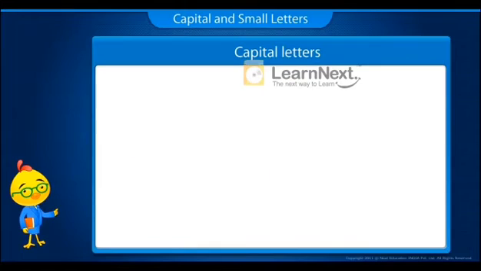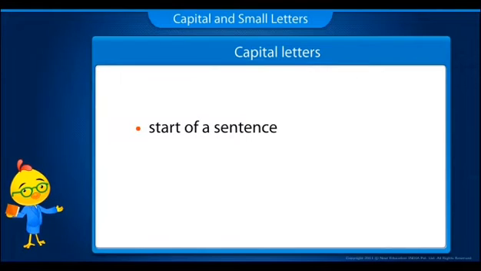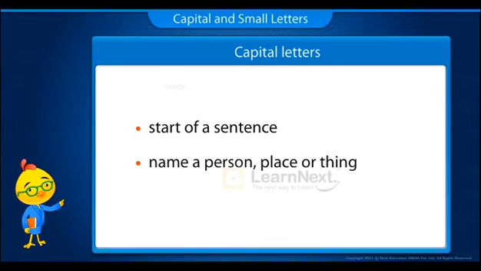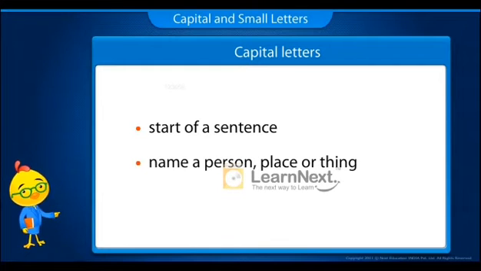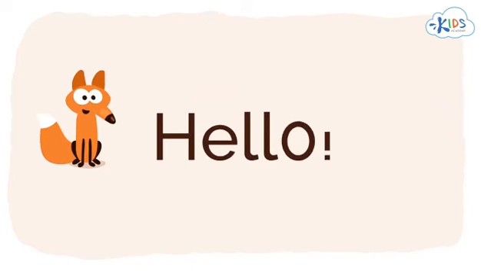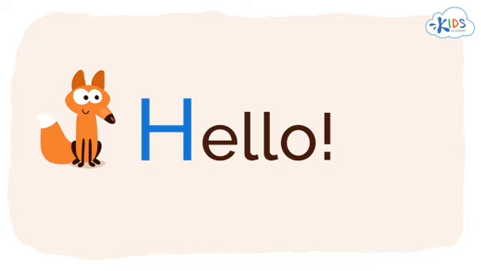M and P are the capital letters over there. So we saw that other than those capital letters, the rest of the letters are small. We use capital letters in the starting of a sentence, and the name of a person, place, or thing, as we saw in our previous examples. To make you understand in a better way, I'll narrate to you a short story.